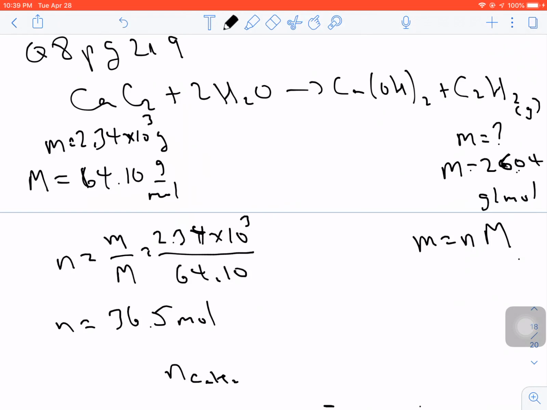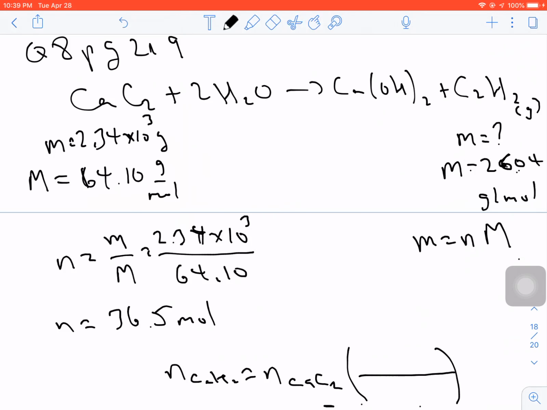So to determine the number of moles of C2H2 here, I'm going to start with the number of moles of what I know, which is calcium carbide, times the mole ratio. Mole ratio is going to use the coefficients from the balanced equation.